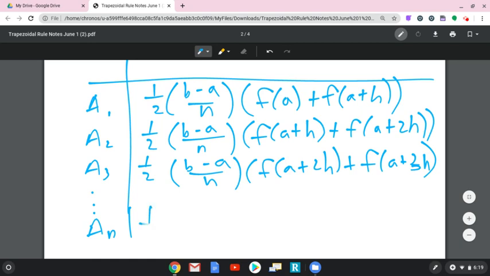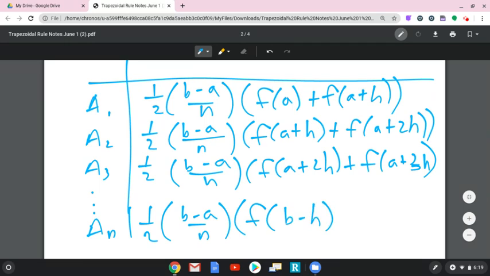And then for a to n, it's going to be 1/2 of b minus a over n times the function value. Actually, I'm just going to make it easier. It's going to be the value of b minus h plus the function's value at b. All right. So you're adding this all up, and when we add it up, we are going to get our trapezoidal formula.